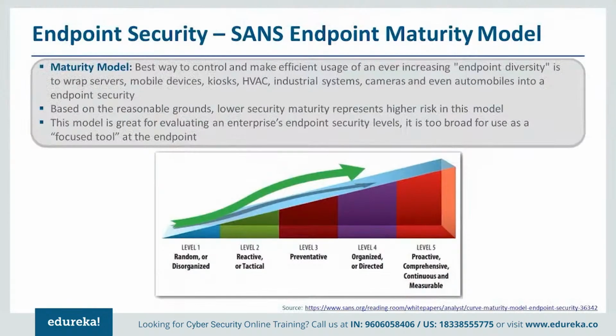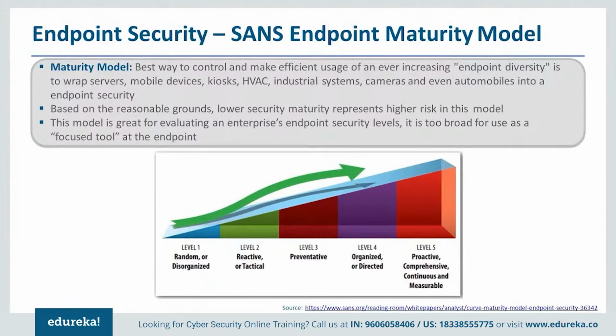There are 5 levels of it. What are the levels, and at which level is the organization's security posture or security infrastructure? From level 1, you see that it's random or disorganized, reactive or tactical. Random or disorganized means they are not ready. They will not even be ready for a cyber incident. They are completely disorganized. They will not have a complete system inventory.